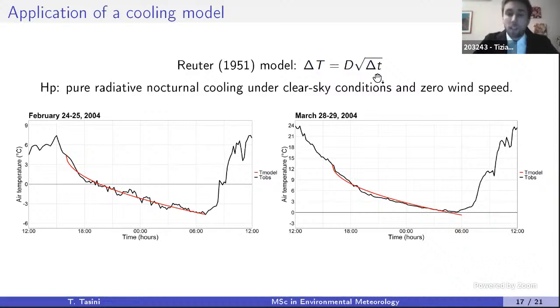So in this case it is only an interpolation, but it can be calibrated for a precise frost event as a function of the type of frost event with a mathematical computation. But in this case, it only represents the relation between temperature and time.